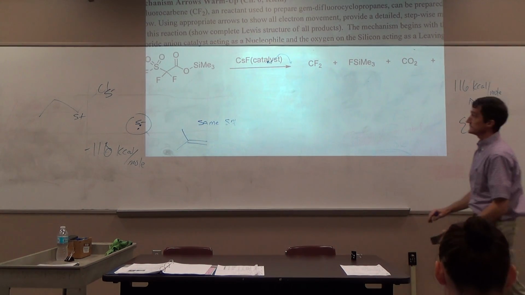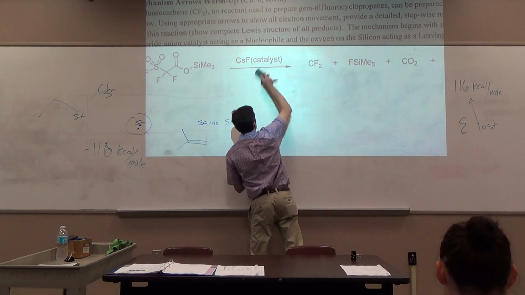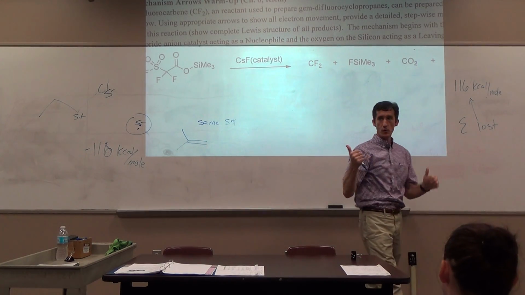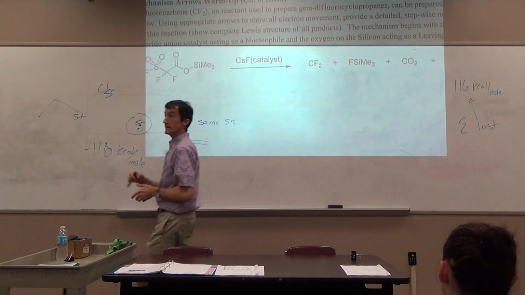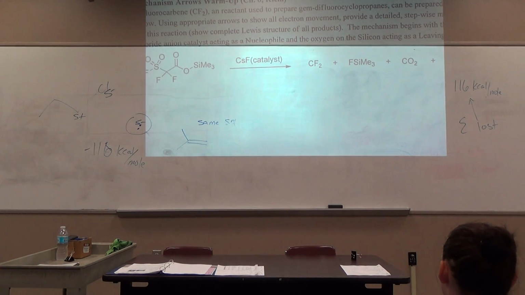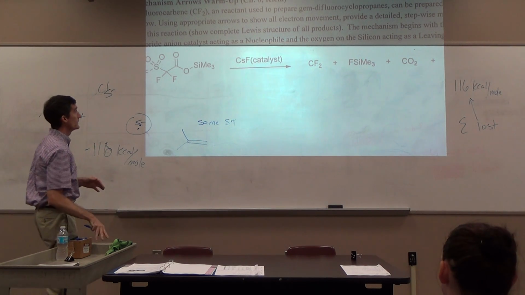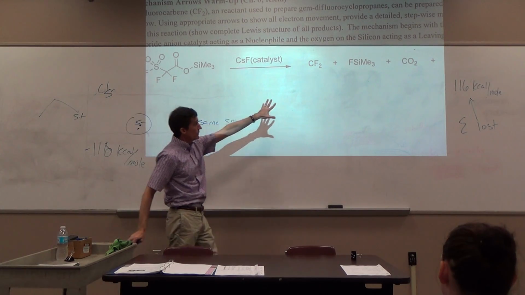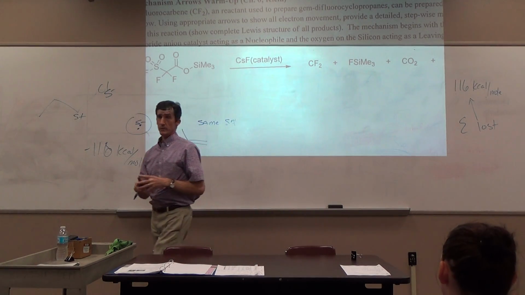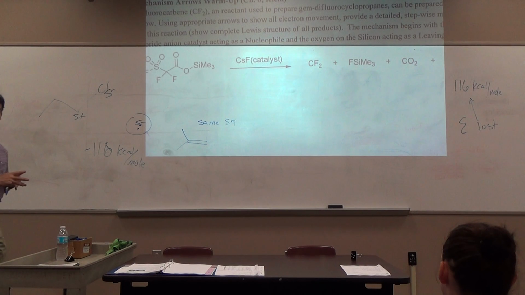How does this take place? What does the mechanism show? A mechanism shows the forming and breaking of all the bonds. What makes bonds? Electrons. You've got to show the electrons making the bonds. You've got to show the electrons being broken apart to break things apart. I'd recommend Lewis structures of those things over there, because we always need to show complete Lewis structures.